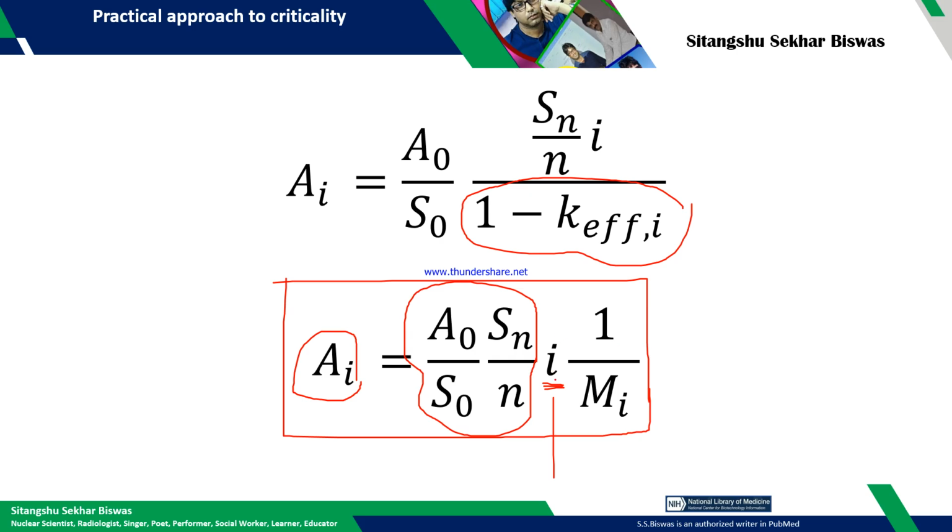Now if you vary the number of subassemblies loaded in the core, you can find a relationship between mi and I. It looks something like a rectangular hyperbola kind of graph.